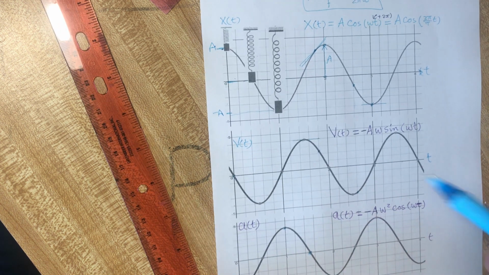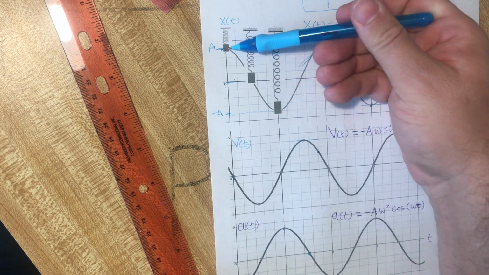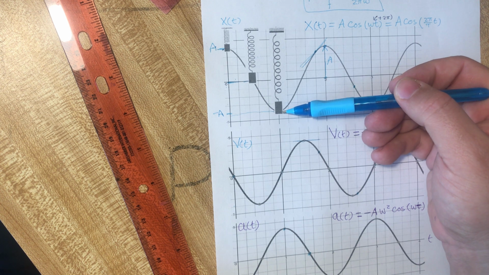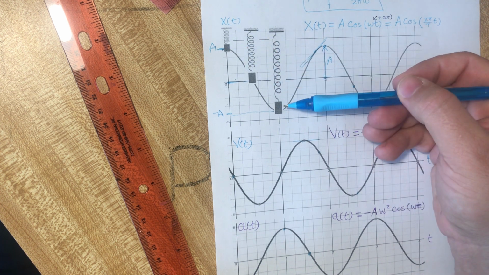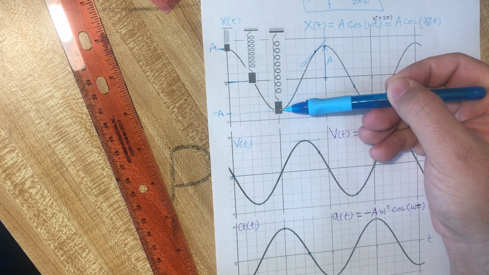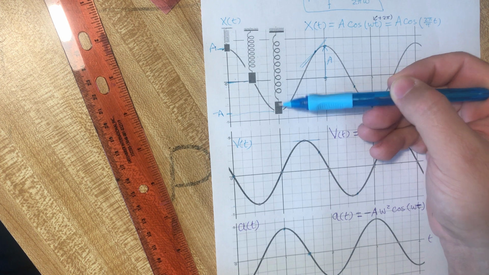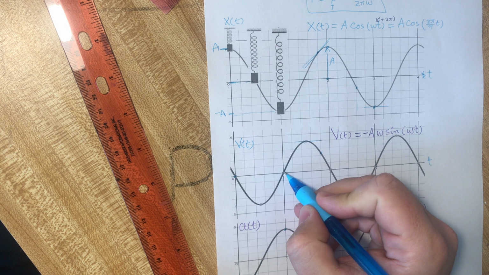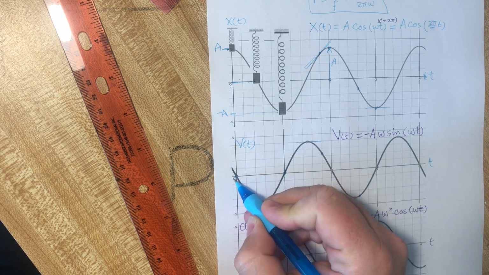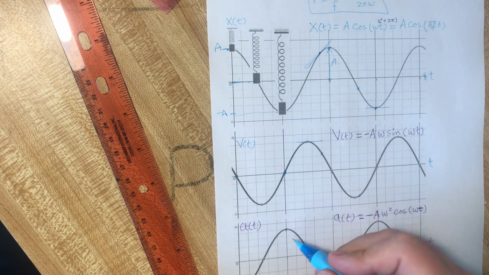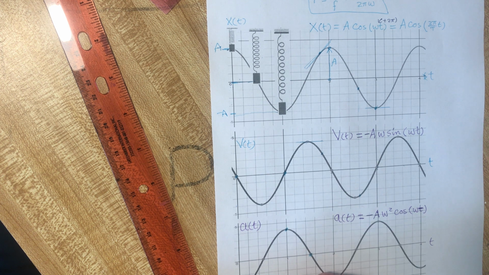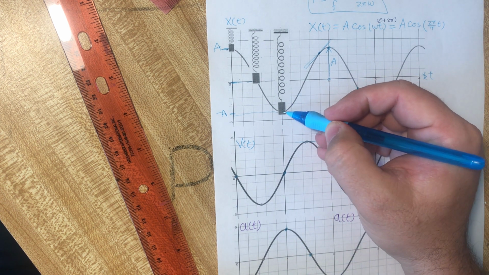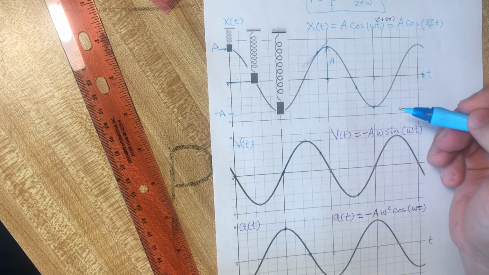All of that depends on the position of the body. When the body is at maximum or minimum points in its motion, then the velocity is 0. Look, the velocity is 0, and the acceleration is at its maximum, because the force from that spring is maximum here.